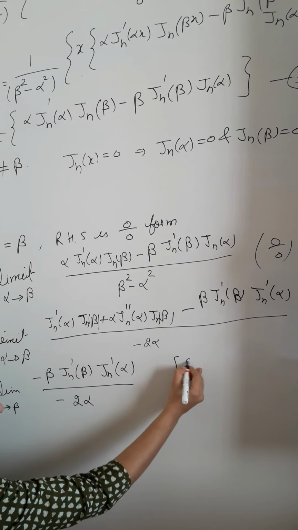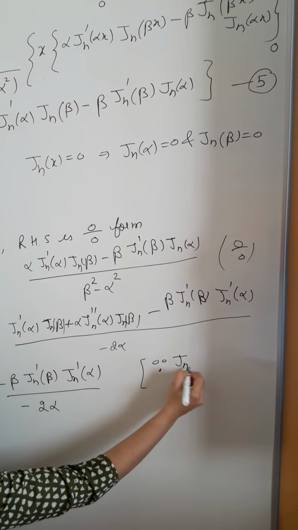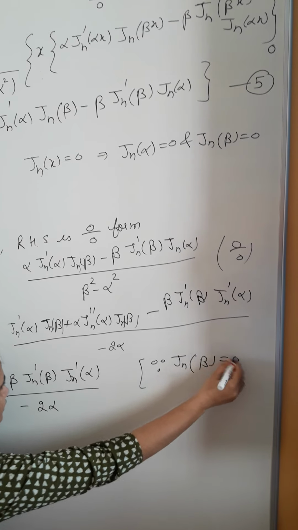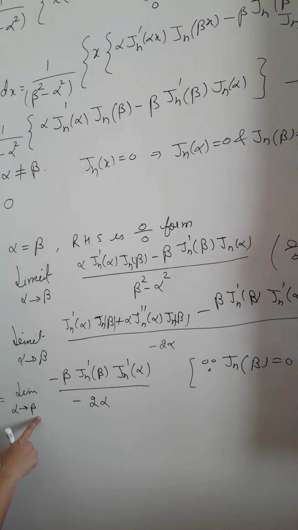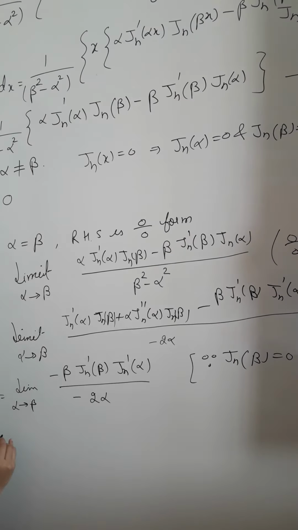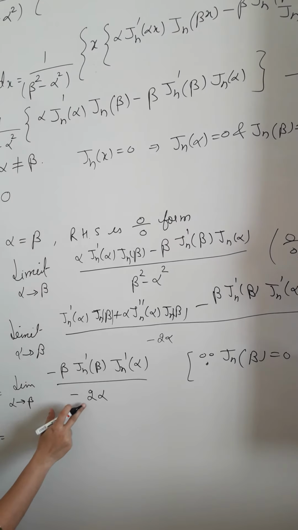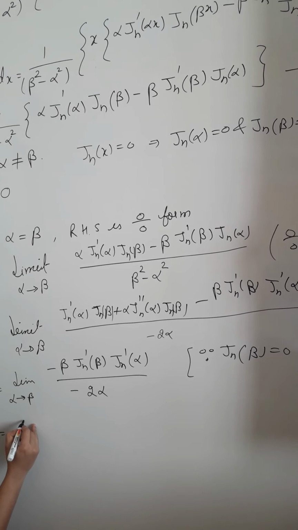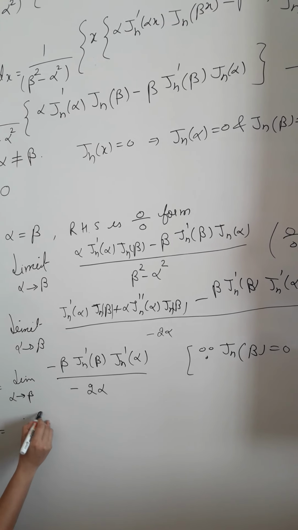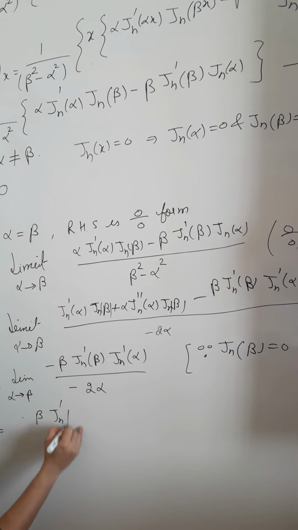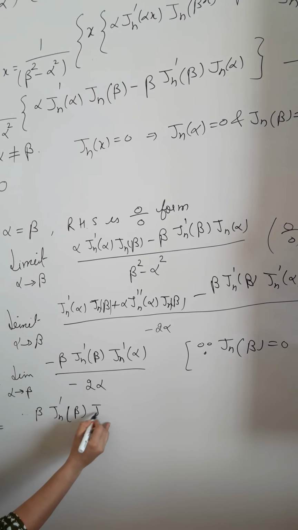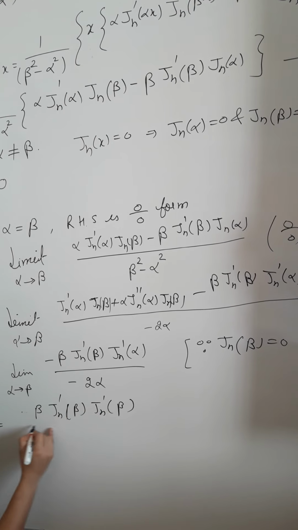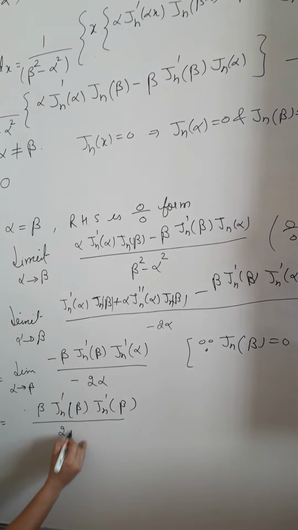And here we can mention that since Jn beta is 0. Now you apply the limit, put alpha equal to beta or beta equal to alpha, whatever you want. So this minus minus sign is cancelled. So we are getting here beta Jn dash beta Jn dash beta divided by 2 beta.